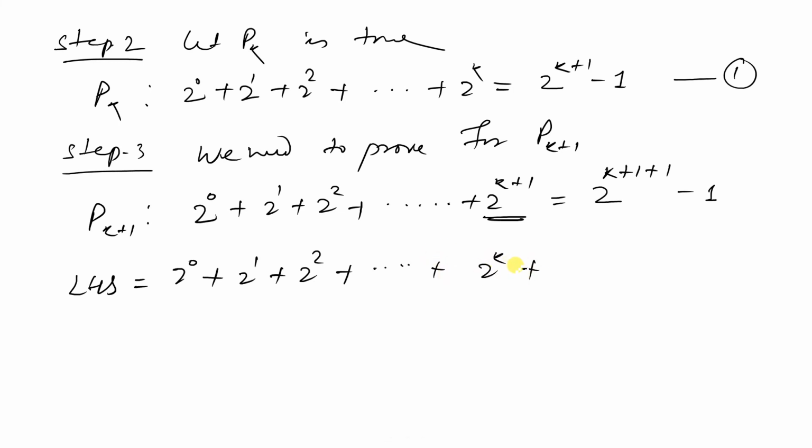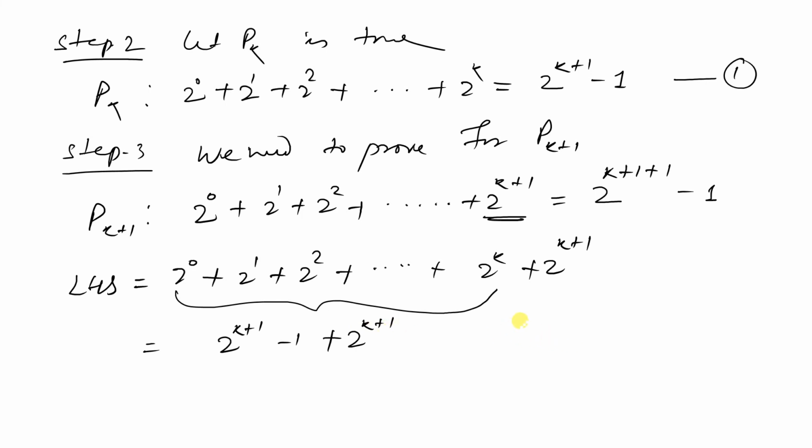This you have already calculated in equation 1. So 2 to the power k plus 1 minus 1 plus, write it down from equation 1, solve it and you will find it out.